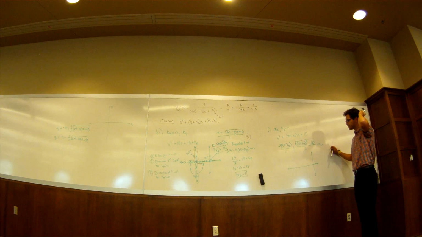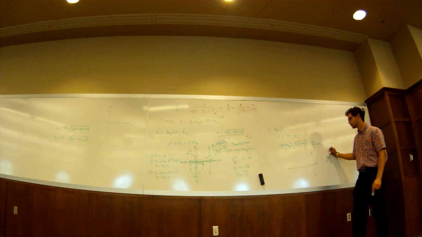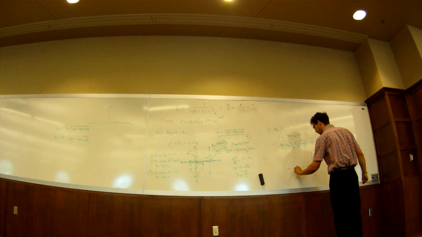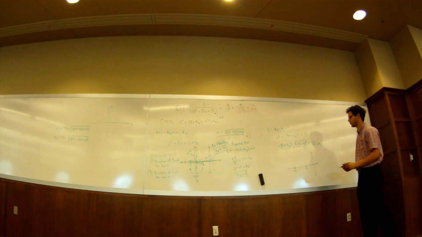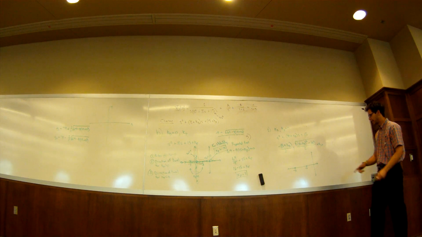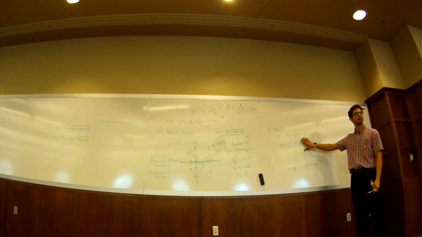Okay, so if KD is 0, where are my poles? -3, -5. So -5 here, -3 here. All right, can I get my poles to meet? Can I get this guy to go to 0? Is that possible?